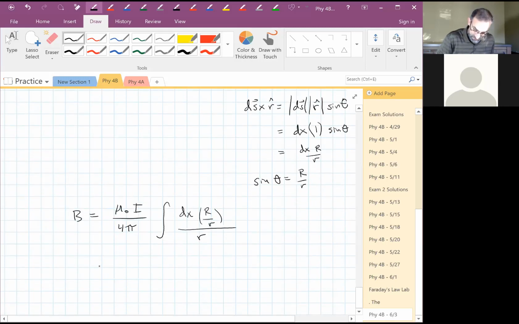And that's going to give me the integral of R dx over little r cubed, and little r is the square root of x squared plus capital R squared, so I get the 3/2 power.